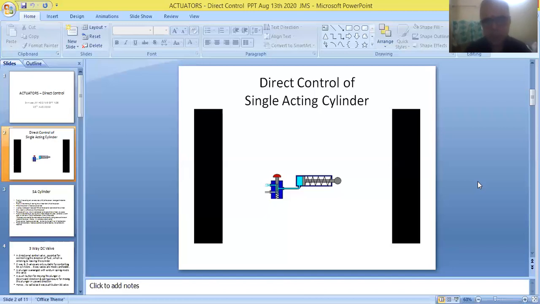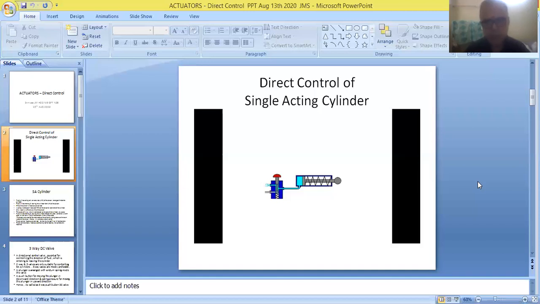Now, secondly, these cylinders are classified into two categories. The first one is called a single acting cylinder, and the second one is referred to as a double acting cylinder. Now, at this point, we are going to discuss the control of operation of a single acting cylinder.